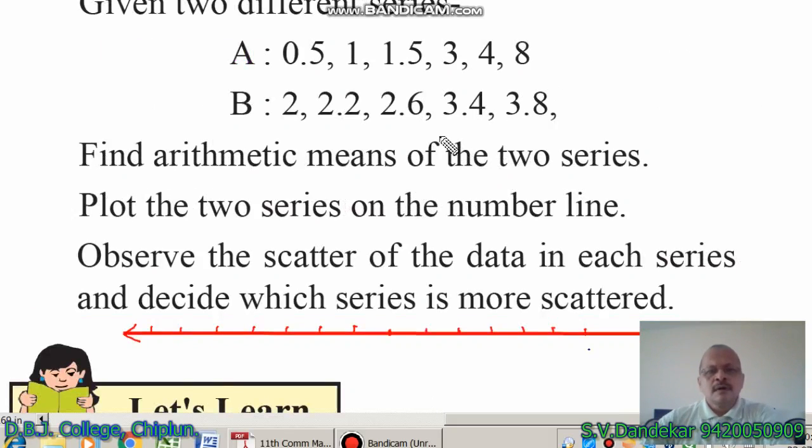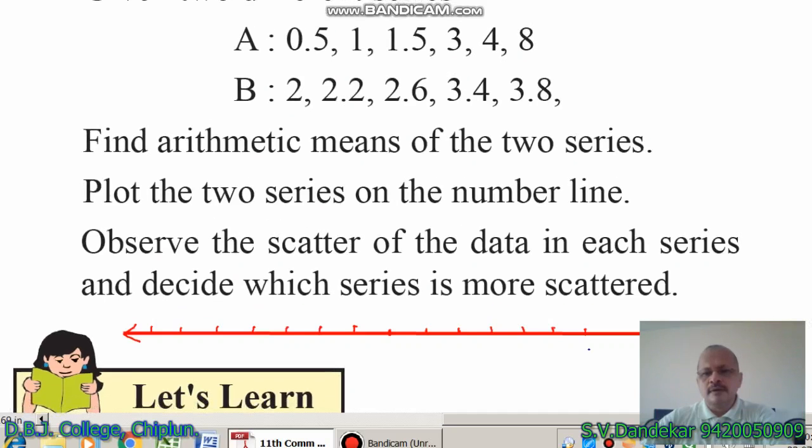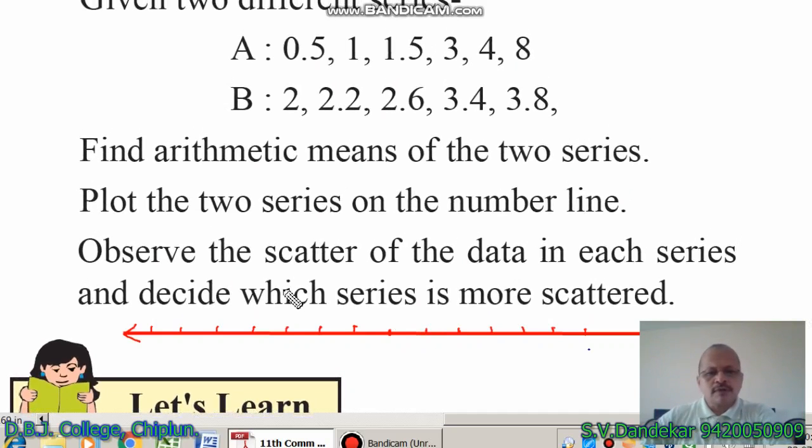Consider two series, series A: 0.5, 1, 1.5, 3, 4, 8, and series B: 2, 2.2, 2.6, 3.4, 3.8. Let us plot these on a number line. Consider this a number line. For this number line, the minimum value is 0, so I am taking 0 here.